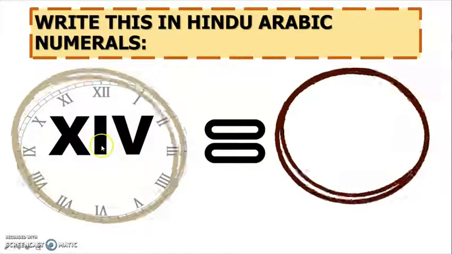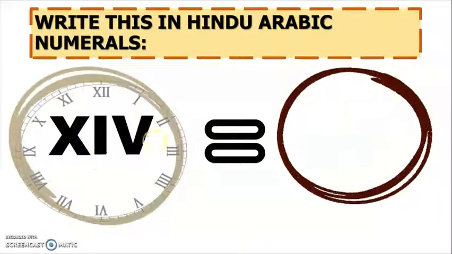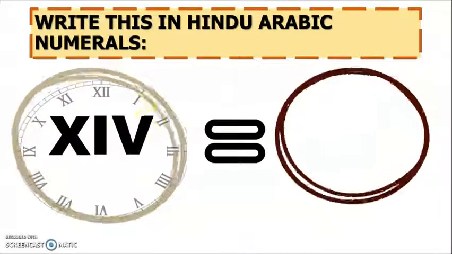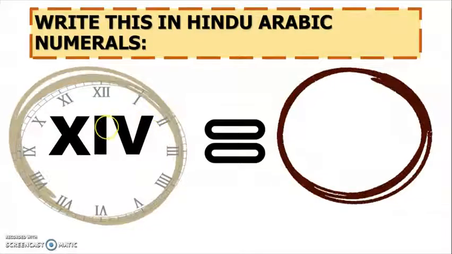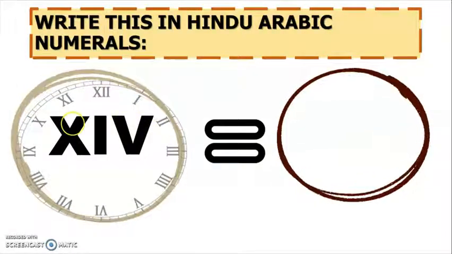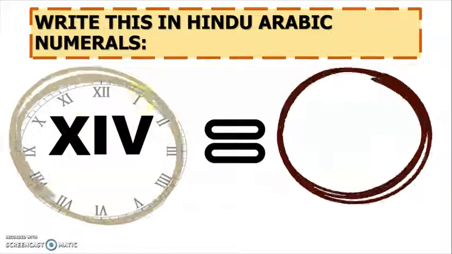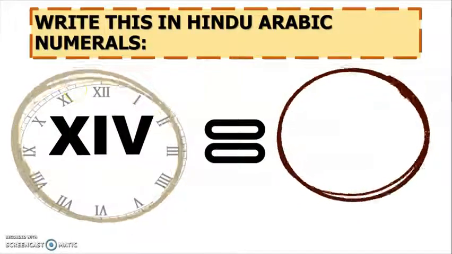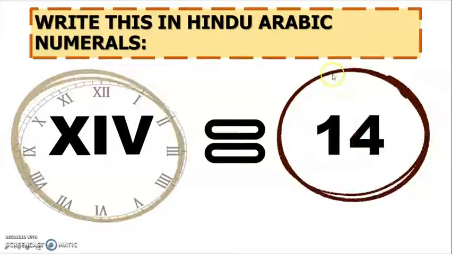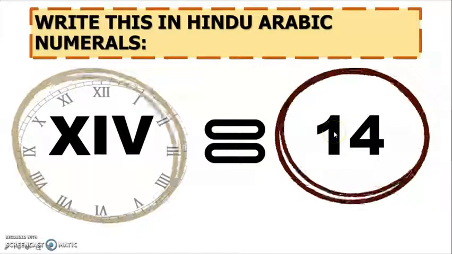You cannot add this 1 plus 5 because 1 is written first, which is smaller than the larger value of V. You have to simply subtract first. 5 minus 1 equals 4, plus the higher value X, which is 10. Therefore, the result is 14.